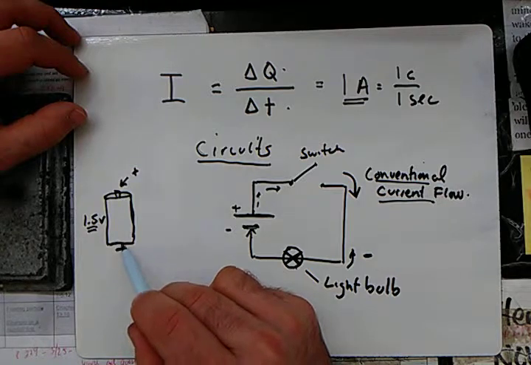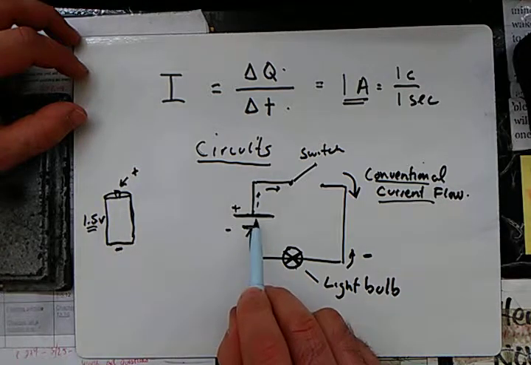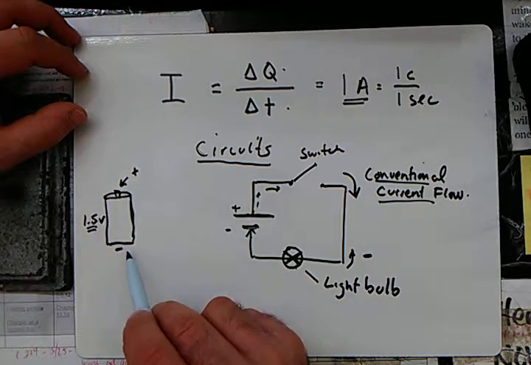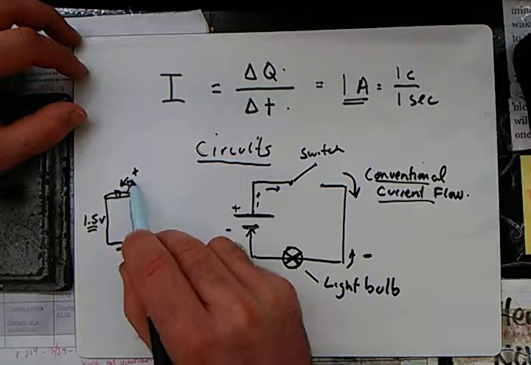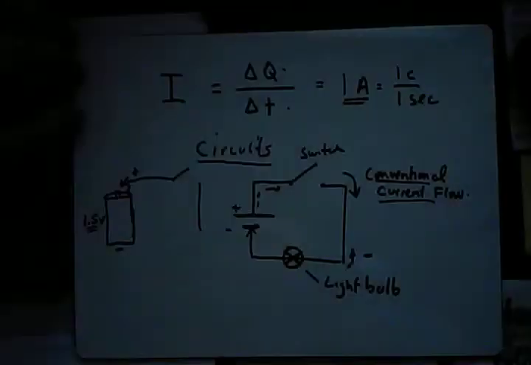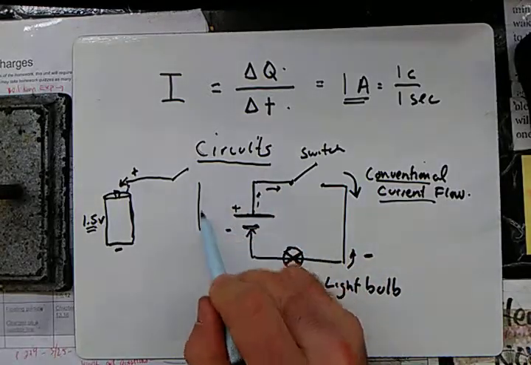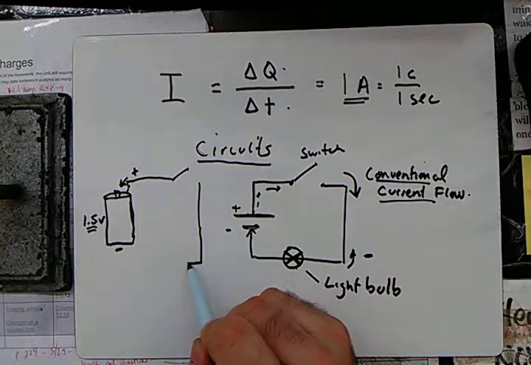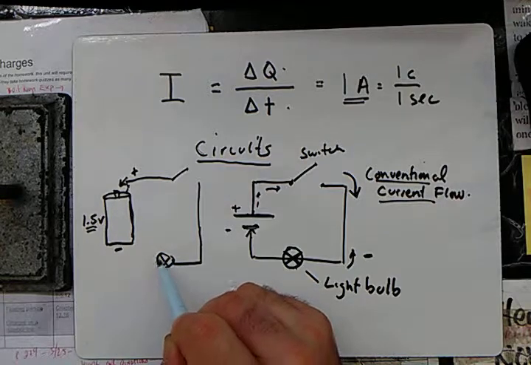Then we can make a connection. This battery here, here's the positive. We can connect something to that side, add a switch, and put our light bulb here.